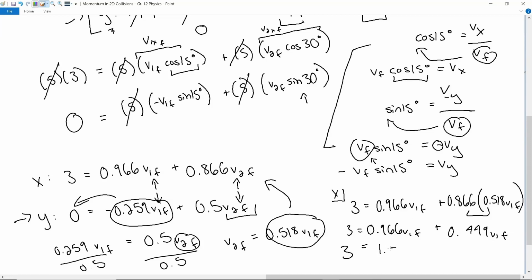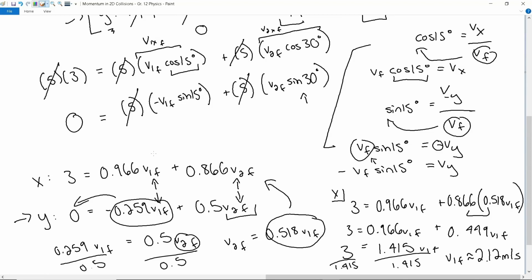So that will be 1.415. Divide our number out. And v1f is approximately 2.12 meters per second.